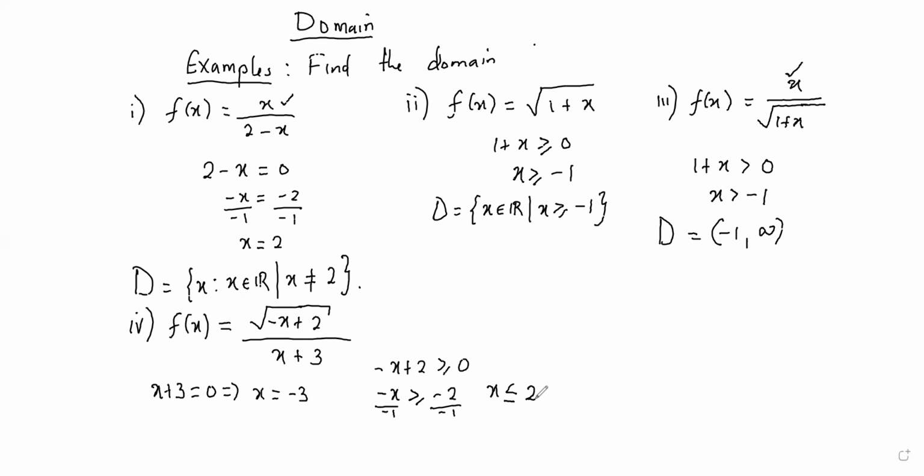So we are saying the domain is equal to x should be a real number such that x must be less or equal to 2, but it should not be equal to -3. So everything that we are restricting, we must mention it. All the restrictions mentioned.